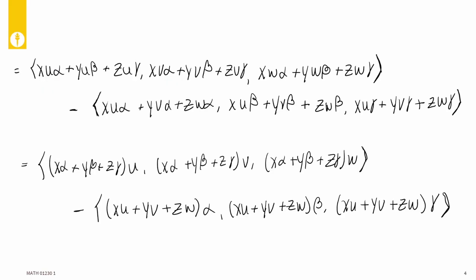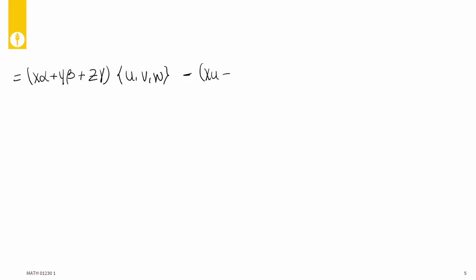Second vector is also a scalar multiple, xu plus yv plus zw. That's with alpha, beta, gamma. X alpha plus y beta plus z gamma.